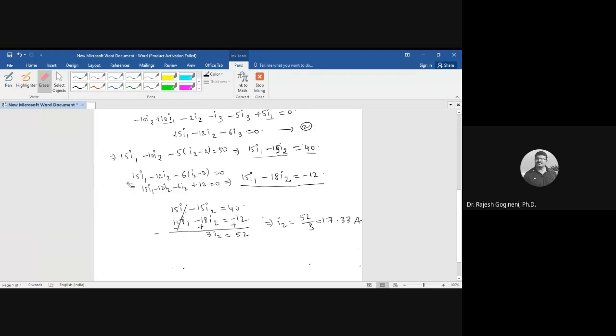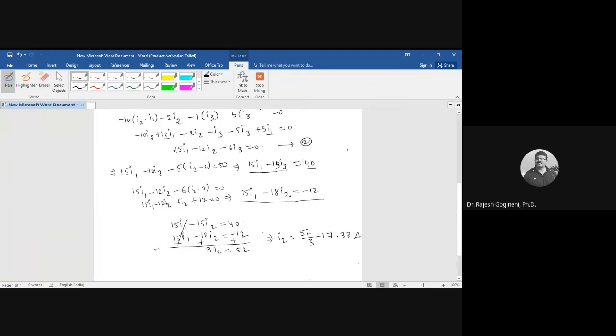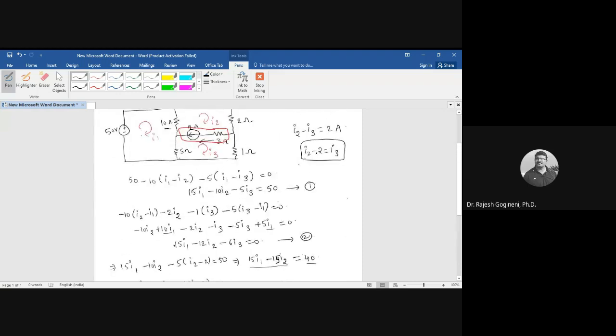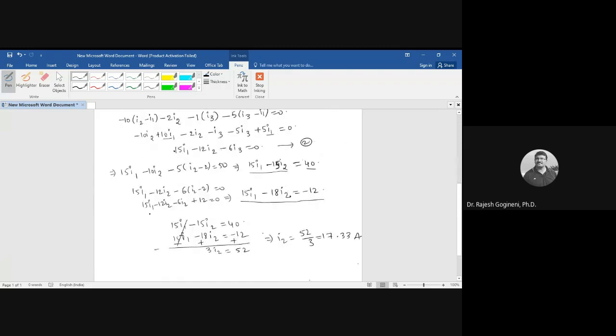If you know I2, you can solve for I3, because we know the relation between I2 and I3. That is I2 minus 2 is equal to I3. So I3 is I2 minus 2, that is 15.33 amperes.